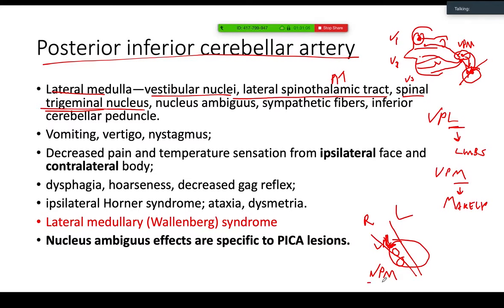Now, when we talk about our VPM, however, when we lose that same side VPM, this is all from the same side. All of our pain and temperature and fine touch from our face stays on the same side. It does not decussate. Why? It's a cranial nerve. Cranial nerves do not cross.